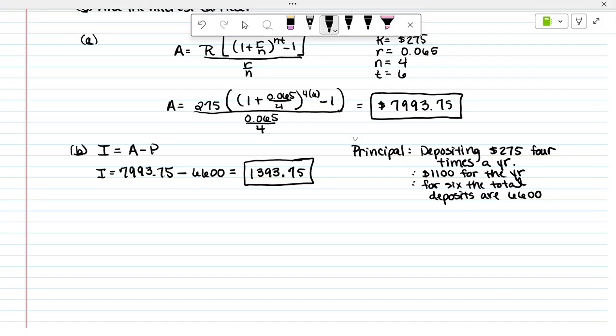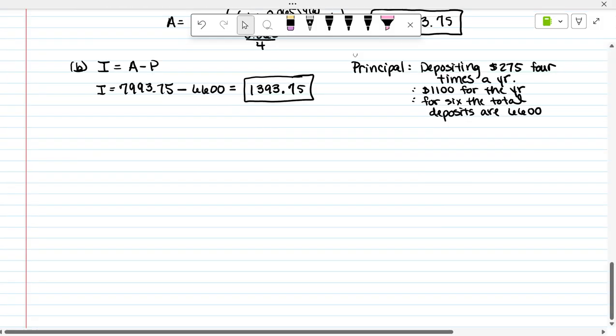All right, example 5. Let's do another one like this. Let's do another annuity. Then we'll talk about effective rate.